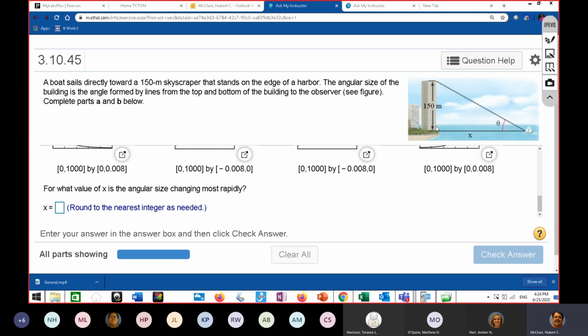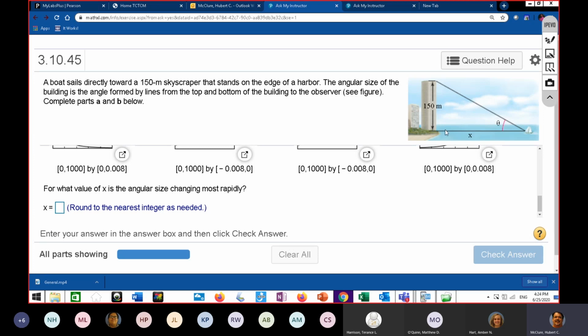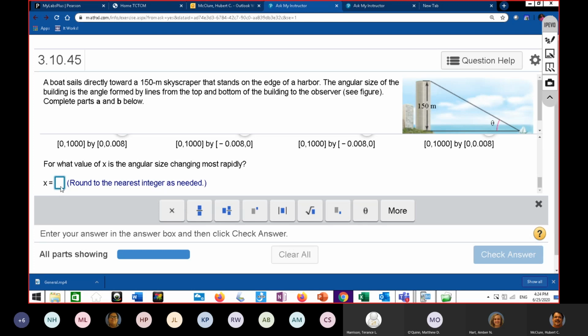Because it's going to start at 150 and it's going to drop down, boom. As soon as it starts moving, that change of that theta is going to change a whole lot quicker at the beginning than it is out here. So, for what value of x is the angular size changing most rapidly? At the beginning. And what is x at the beginning? Zero.